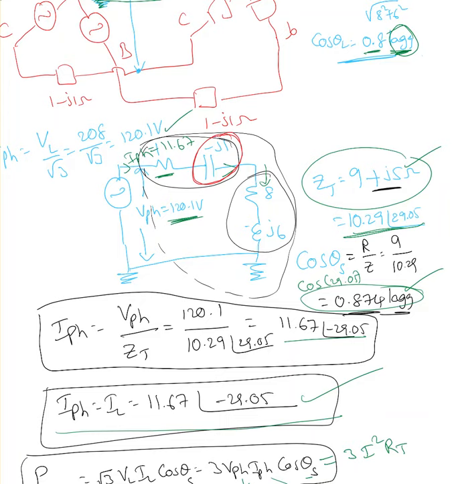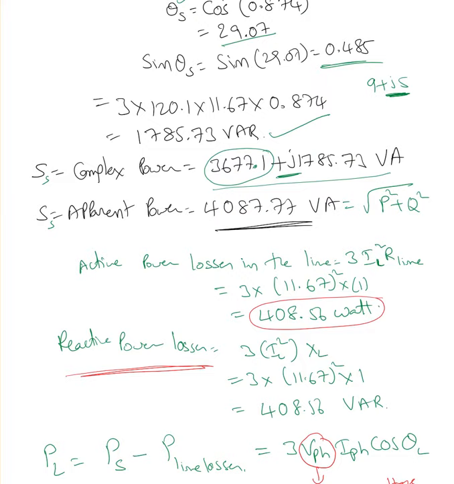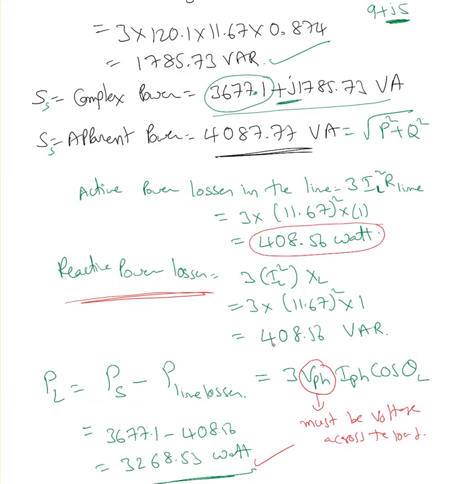Capacitive reactance always produces reactive power; it never consumes reactive power. So whatever the reactive power losses, this must be a negative number, because it is produced by capacitive reactance, by capacitors.